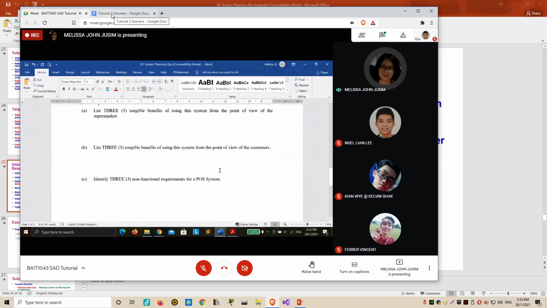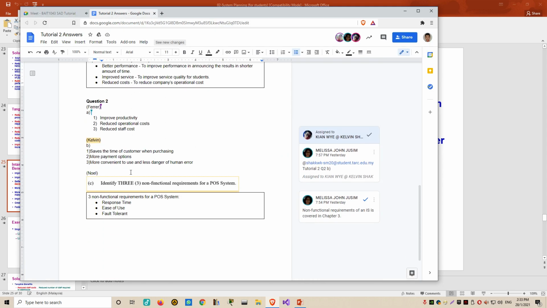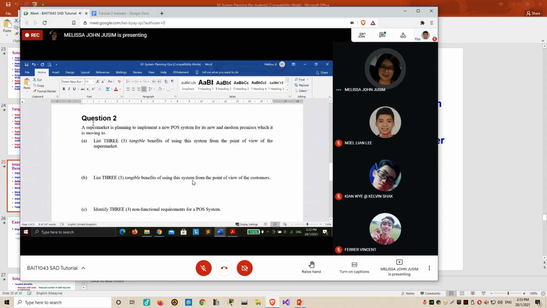Okay, question number 2. There are 3 more questions. Supermarket. This time it's a supermarket. They want to implement a new point of sale system for their new premise.